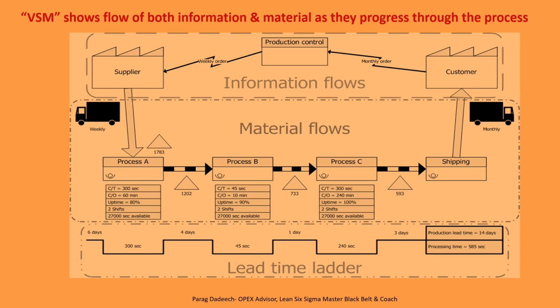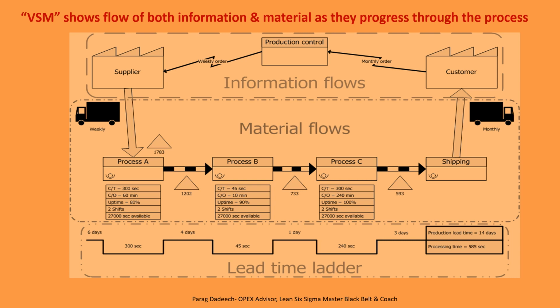The information flow is depicting that the customer is placing monthly order, then you have production control, and then you are placing weekly orders with your suppliers. The material flow is showing the flow of raw material from supplier, then process A, followed by process B, to process C, followed by shipping to the customer.